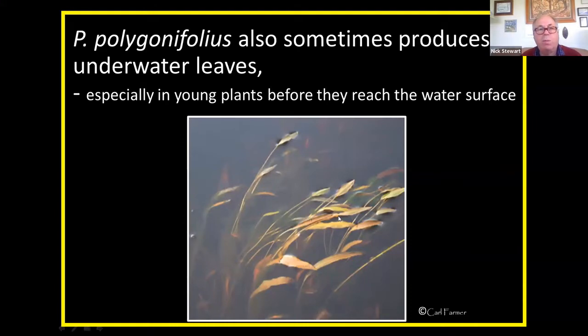The underwater leaves of Potamogeton polygonifolius are translucent leaves. I will discuss those in greater detail when I go on to talking about the underwater leaves. But the essential point that distinguishes it is that the leaves, even the underwater leaves, have quite long stalks.